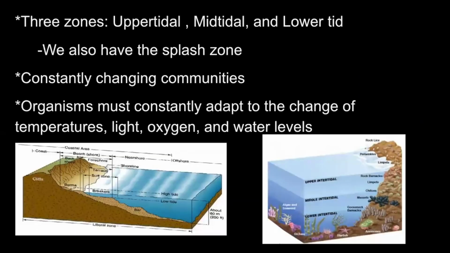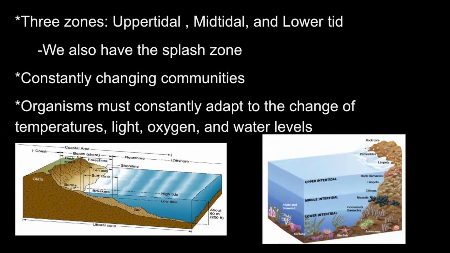There are 3 zones: the upper tidal, middle tidal, and lower tidal. We also have the splash zone. Though the splash zone doesn't necessarily submerge in water, it is the highest part of the upper tidal zone, and it is constantly being hit with mist and salinity that comes from the sea. As the tides change, so do the communities.